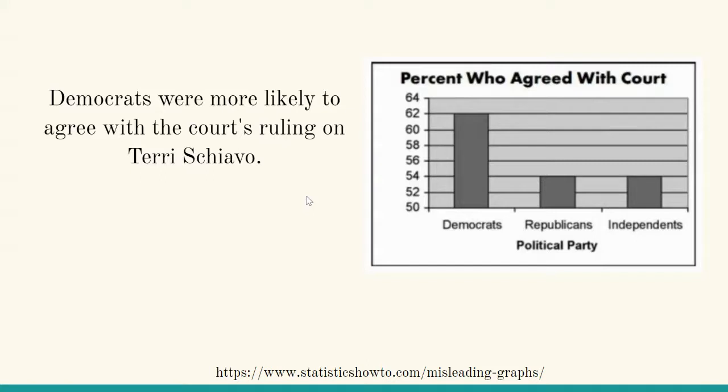But if we take a closer look, we'll notice that this cutoff right here is at 50, not 0. So we're up here at 62 for Democrats, but we're only at 50, at 54 for Republicans. So we're only talking about a difference of 8, not 3 times as many. So actually not nearly as many people as it seems to be presented with.